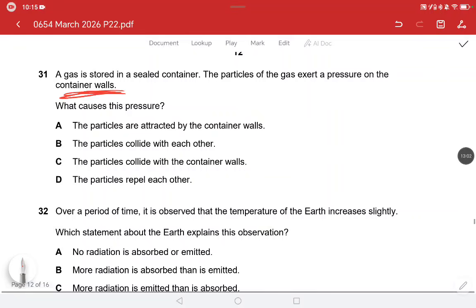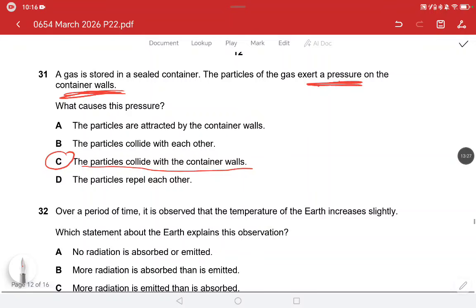So let's see which one here is talking about the particles colliding with the walls. So the answer is C. Particles collide with the container walls. So if you have force over area, this will create a pressure. This is connected to the previous question.